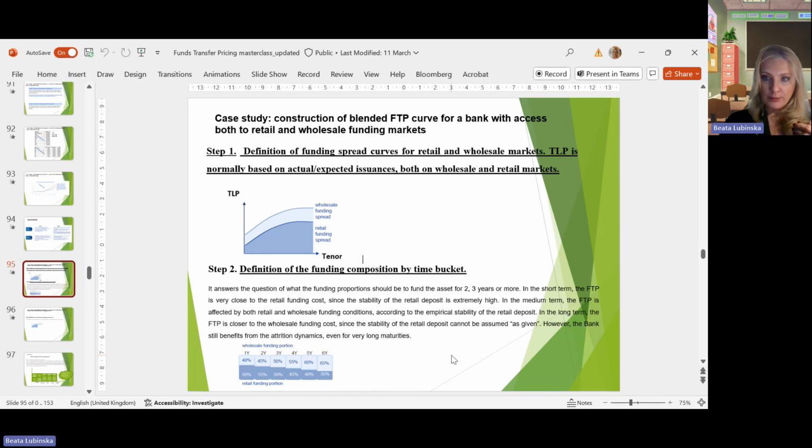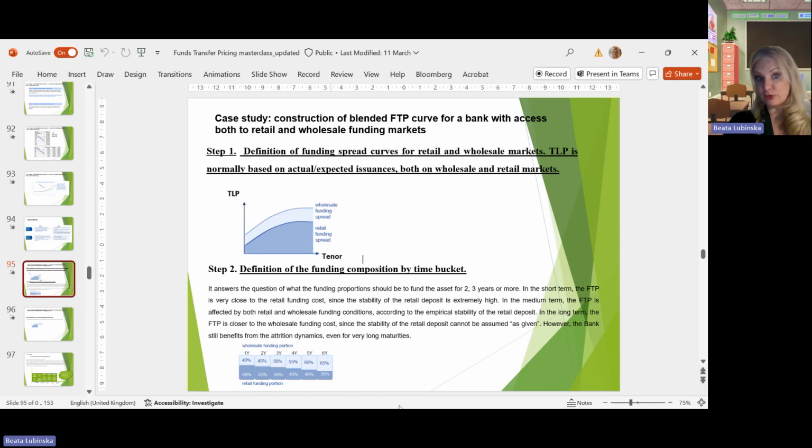So now we know that NMDs, your FTDs, are an important portion of your funding, and banks need to optimize the funding composition to be profitable. Without funding optimization, you can kill the business because you don't have the proper funding strategy in place.